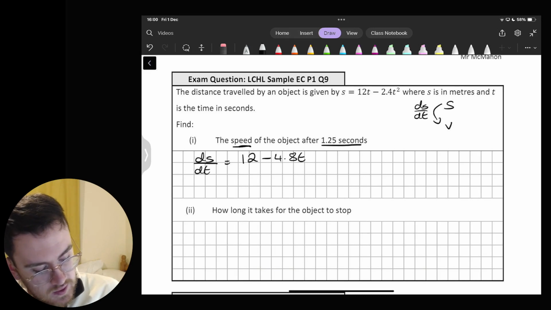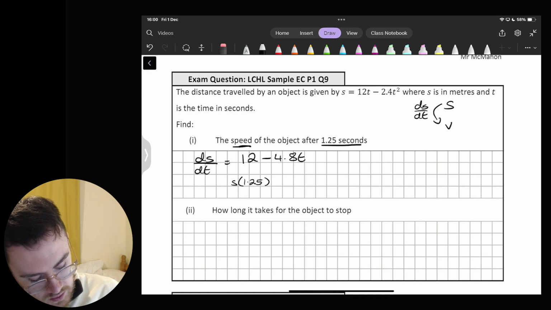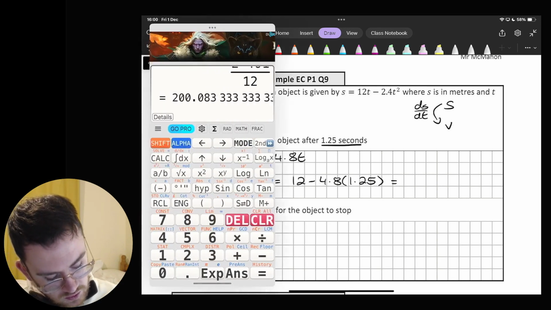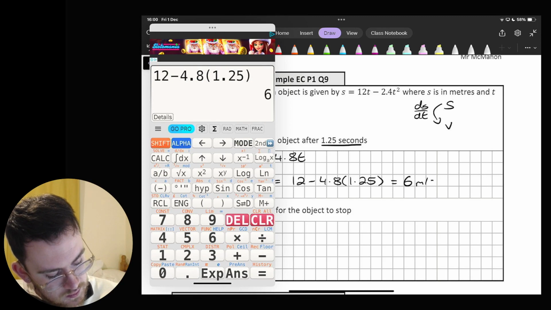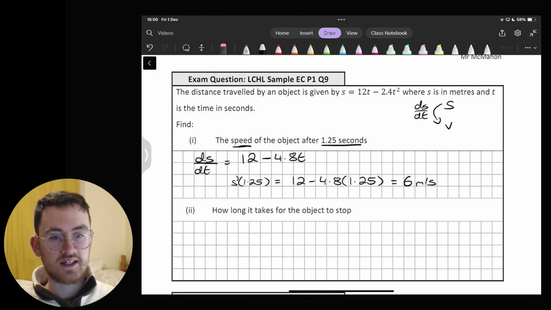I want to find that speed after 1.25 seconds. So 12 minus 4.8 times 1.25 gives me an overall answer of 6 meters per second, a speed of 6 meters per second.